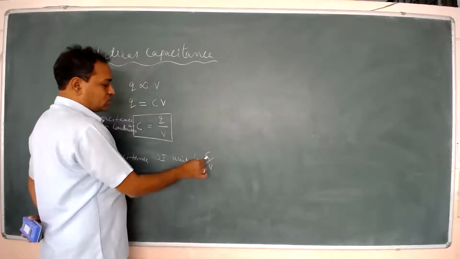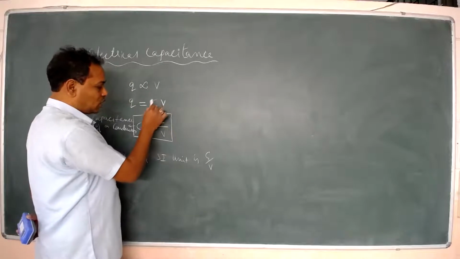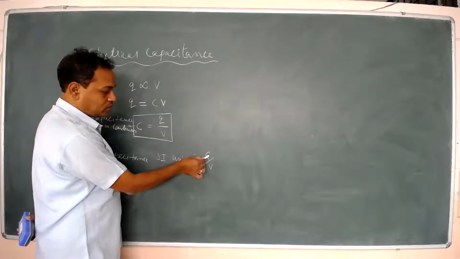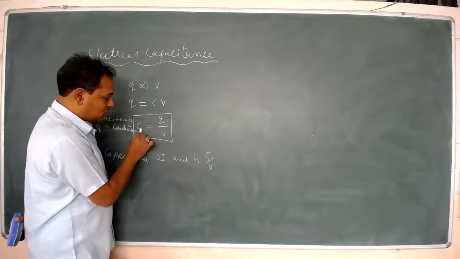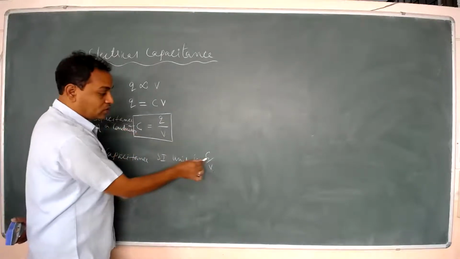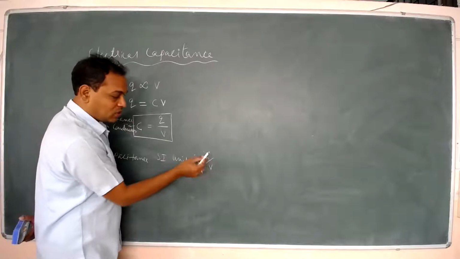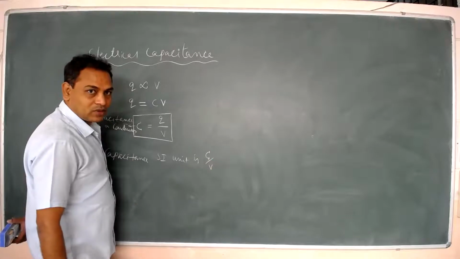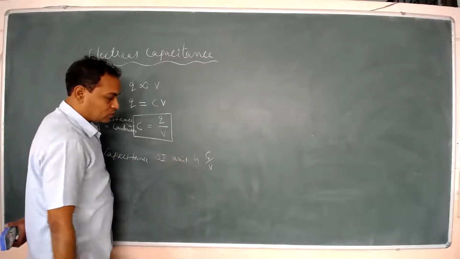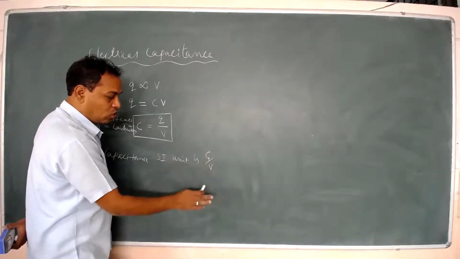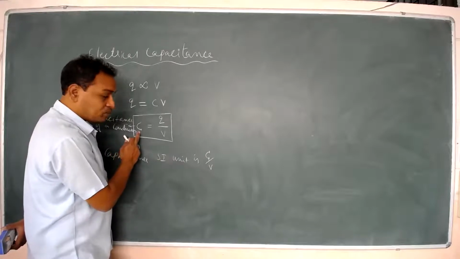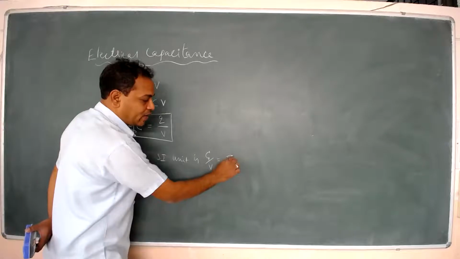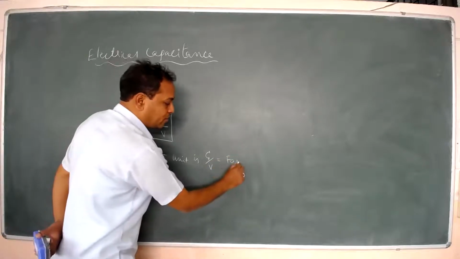See here, this C is capacitance, but here C is coulomb, the unit of charge. Don't get confused. This C is capacitance. This C is coulomb. I am writing like this to show the difference between these two. So coulomb per volt is the unit of capacitance, which we also call farad.